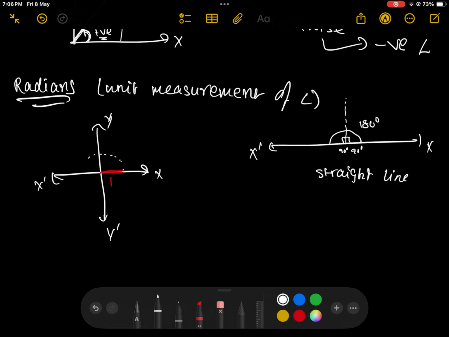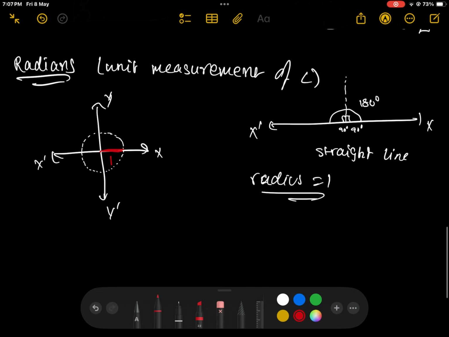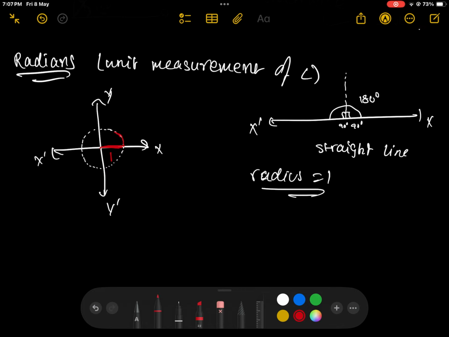Now if I curl 1 to make it a part of a circle, like let's say there's a circle with radius 1, and a part of the circumference I take as 1 centimeter, that's going to be 1, and then we add another one, it's going to be 2, and the last one's going to be 3.